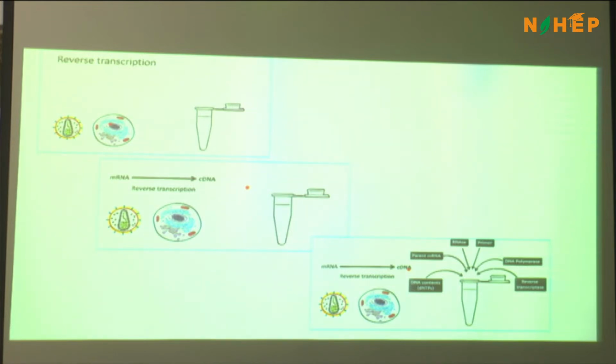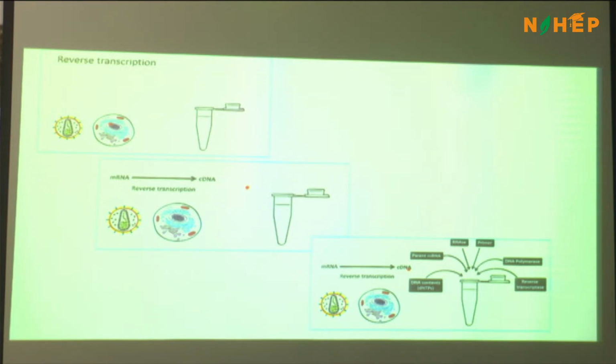This is a cartoon. It's quite simple. You can isolate RNA from the sample, and that RNA can be preserved for a long time. You can convert into cDNA as and when it is needed, and you can go for PCR. Okay. And there are some applications you don't have to preserve your RNA.